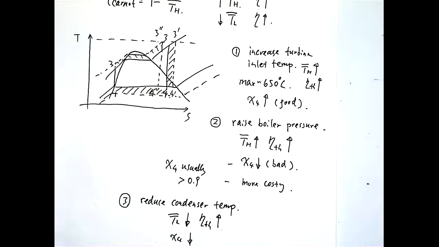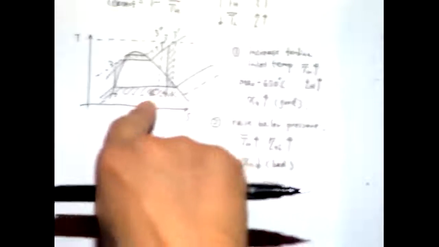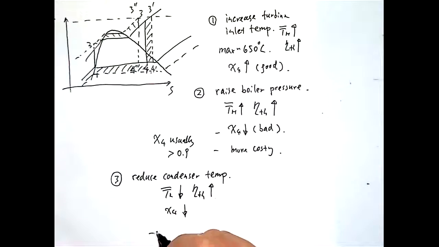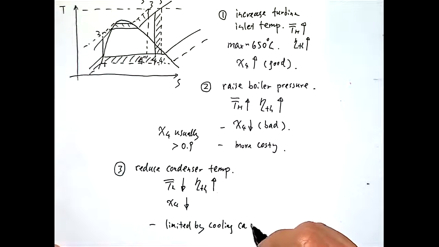So in that case, you have a limit. You cannot lower this line as much as you want. It has a practical limit there. So it's limited by the cooling capacity available.